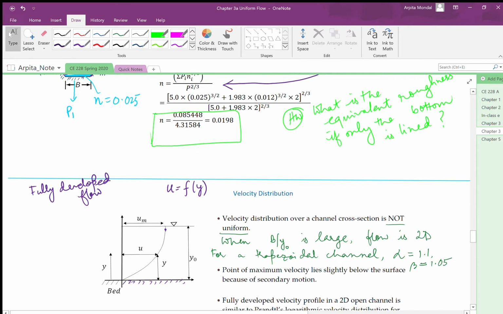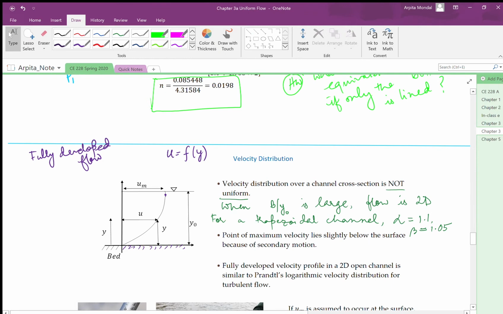So if we have a fully developed two-dimensional open channel flow, here the velocity distribution is given by the same law, which is the logarithmic law, which is valid for turbulent flow in pipes. So Prandtl's logarithmic velocity distribution, which is valid for turbulent flow through pipes, is also valid in case of open channels.